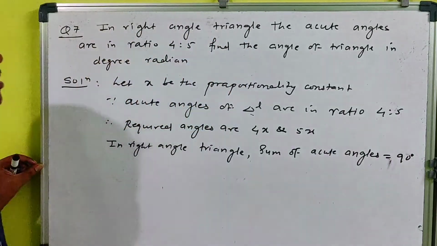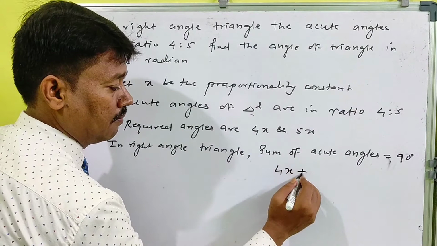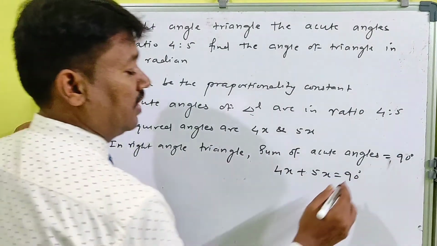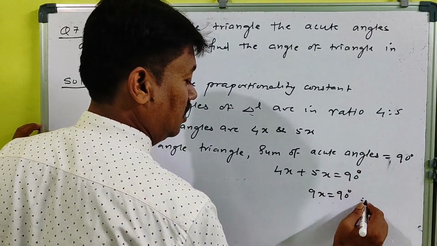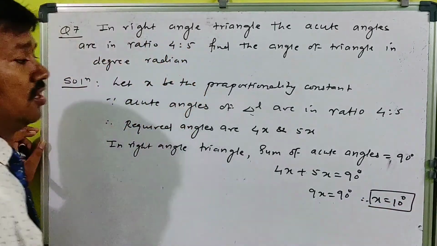So the sum of acute angles, meaning 4x plus 5x, is 90 degrees. So 4x plus 5x is 9x. So 9x is 90 degrees. Therefore x will be 10 degrees.